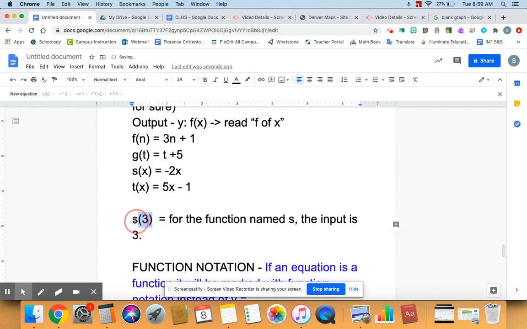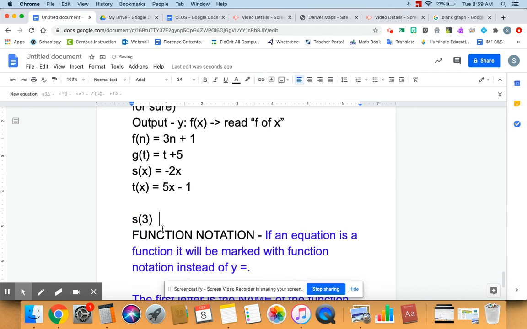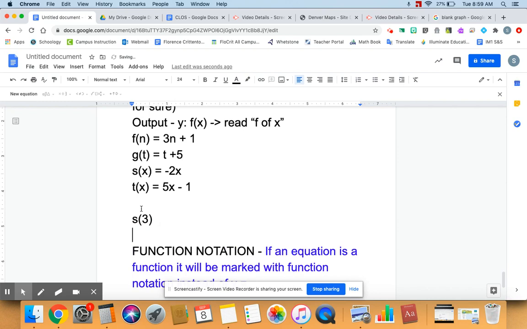So this is saying in a very short way, plug in 3 to that one. So because of that, we don't need long words to tell us what to do, because that would be the instruction. That just means for this one, for S, put 3 into that input slot.